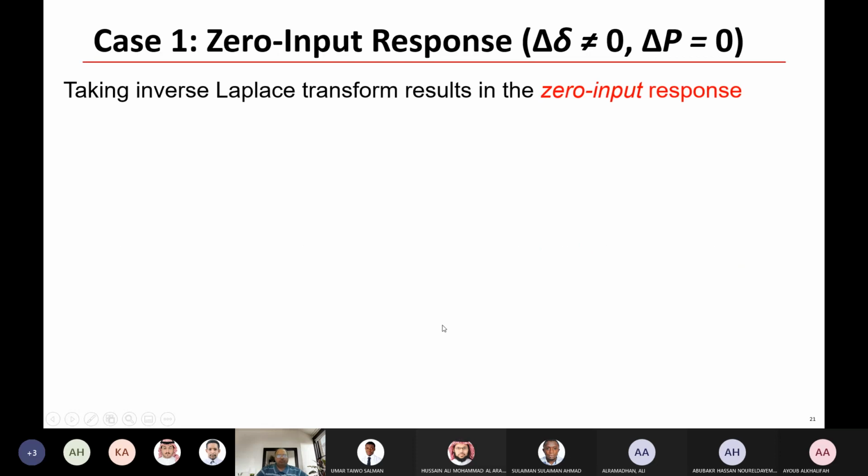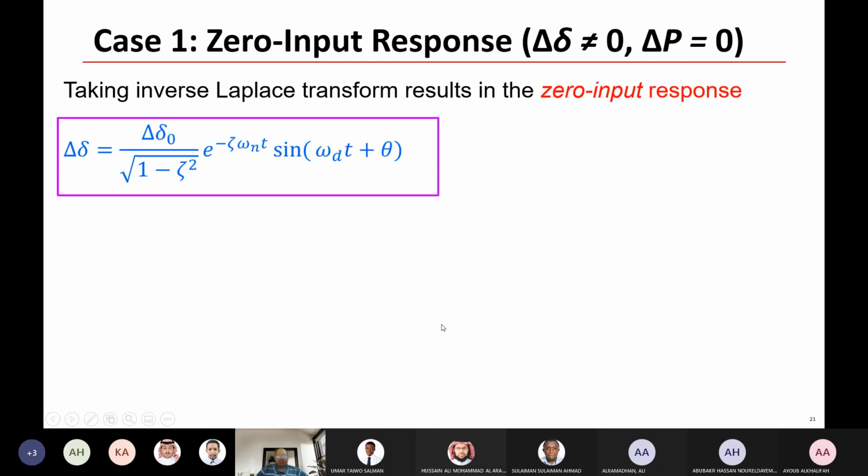Taking the inverse Laplace transform results in the zero input response. This would be delta of t as a function of time, equal to the initial change in angle over square root of 1 minus zeta squared, e to the minus zeta omega n t, sine of omega d times t plus theta.